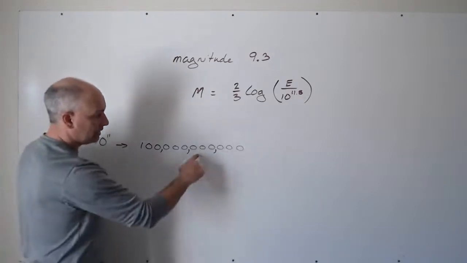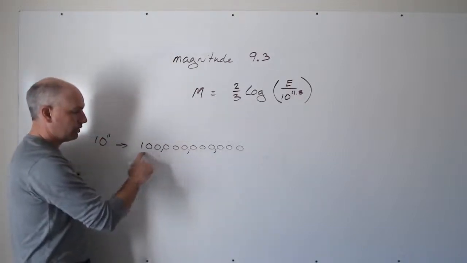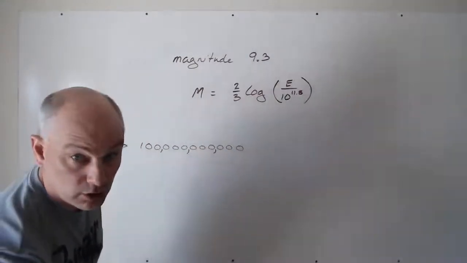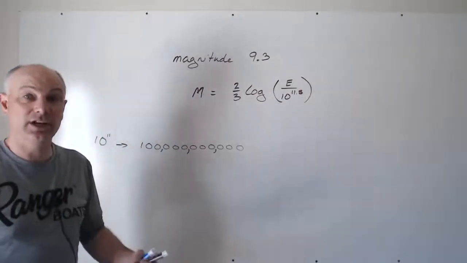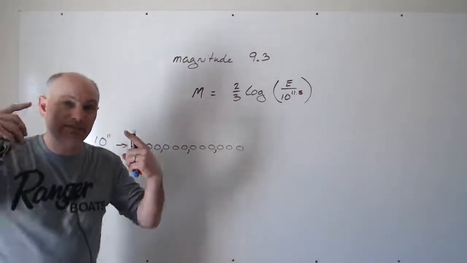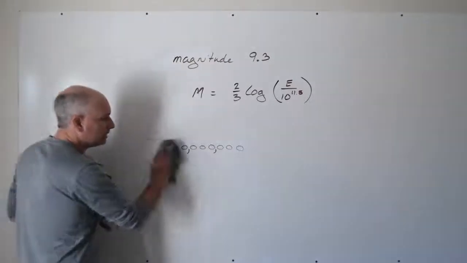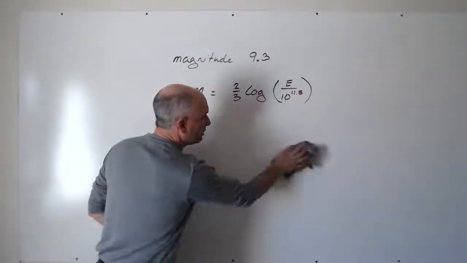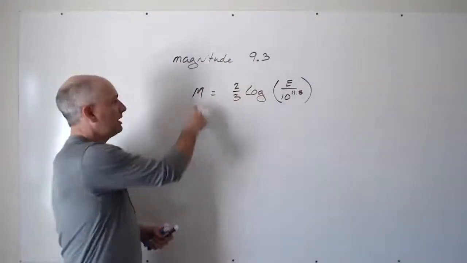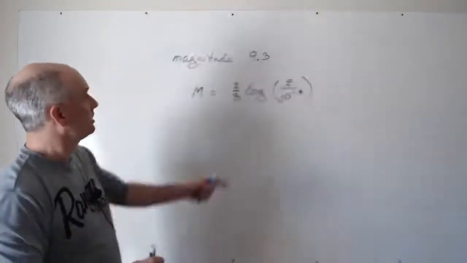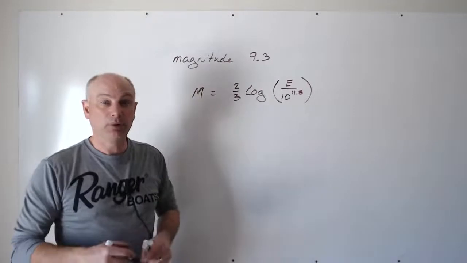We're talking a million, a trillion, 100 trillion here. So we're looking at massively large numbers that we just cannot fathom in our own mind. That's why they generate a scale that we can recognize. So in this case, we're looking at a magnitude of 9.3.